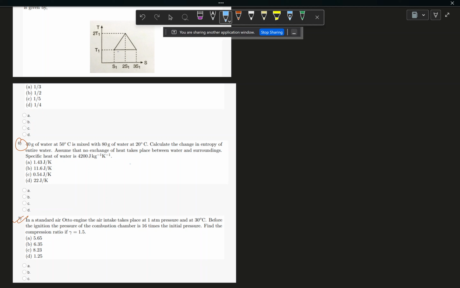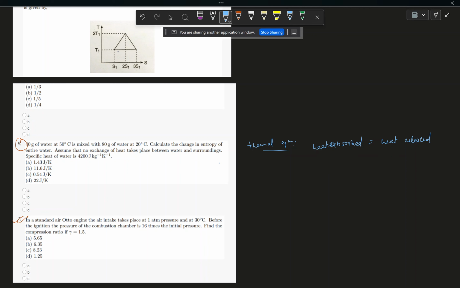So this is a similar type of problem, but one catch is that you have to use the thermal equilibrium condition, that when these two waters of different temperatures come into direct contact, they will be exchanging heat. So the thermal equilibrium condition is that the heat absorbed by the cold body is the same heat that is released by the hot body.